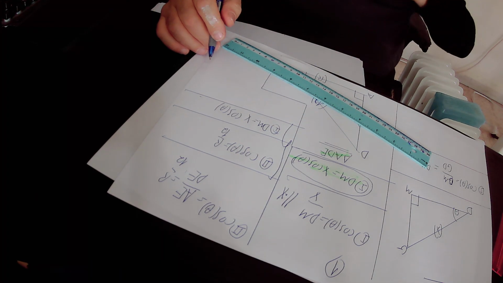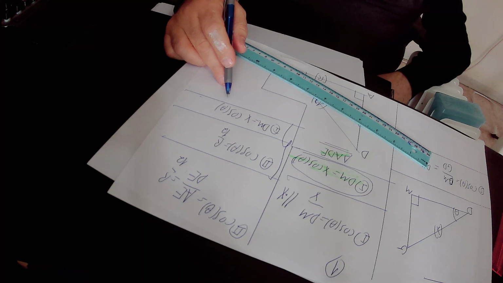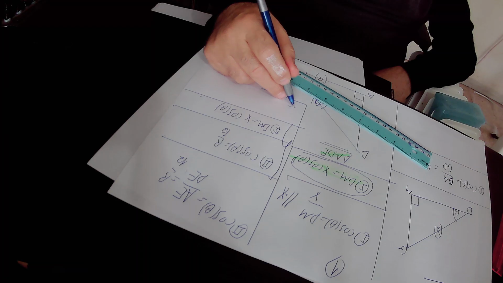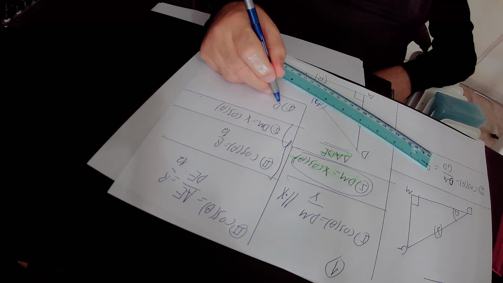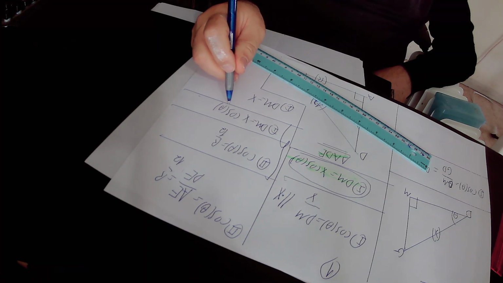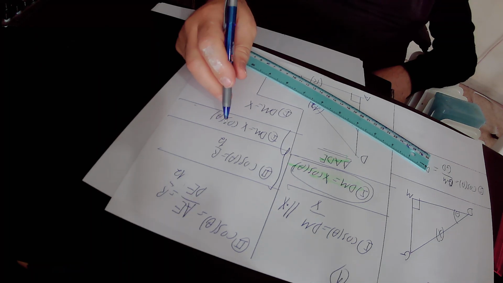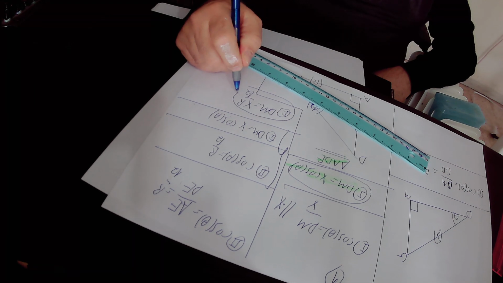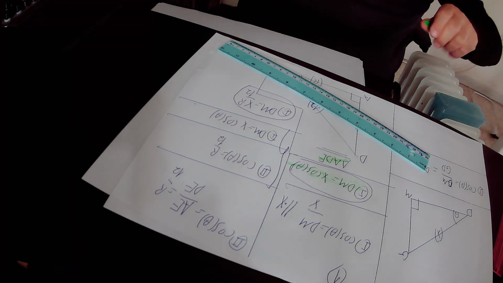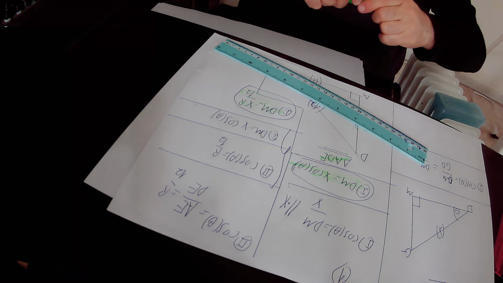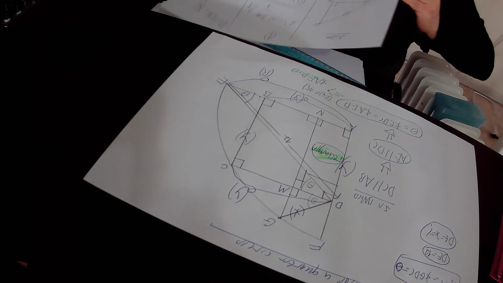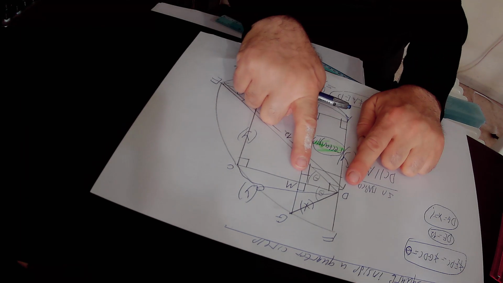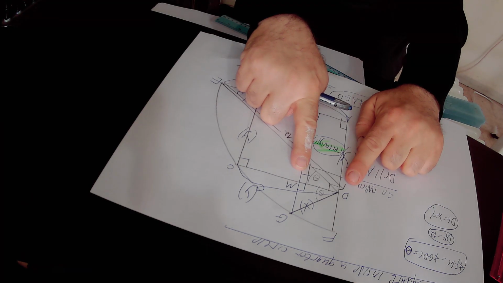Here we can substitute cosine theta in equation 1 by R over 12 from equation 2. We'll do it now, and we get that according to equation 1, DM equals x times cosine theta, and cosine theta according to equation 2 is R over 12. So in total, we found out that DM equals xR over 12. This is side DM, which is equal to xR over 12.